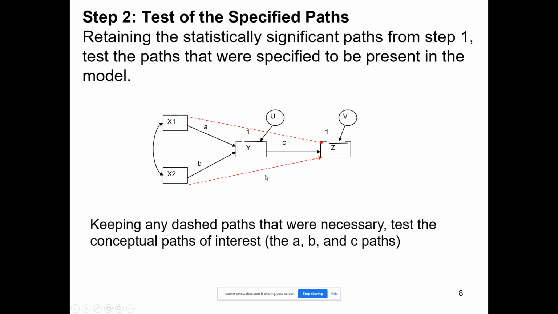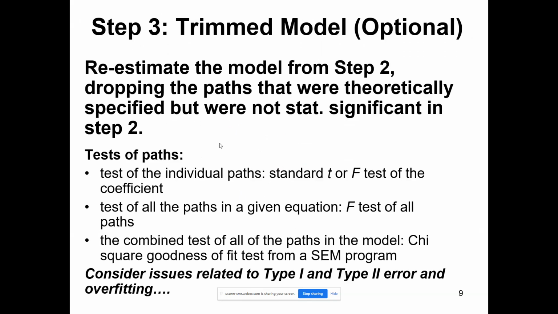Then we test the conceptual paths of interest, the A, B, and C paths. So we run the model with any conceptually omitted paths included, and then we look at the conceptual paths of interest. And again, in step three, the trimmed model, I would drop paths that were theoretically specified but not statistically significant from step two.